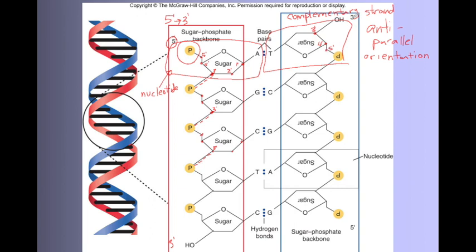So this we would indicate as 3' to 5', as you see here, or you could say the complementary strand is anti-parallel. In this case, it's 3' to 5', right? So if one strand is 5' to 3', the other strand will be 3' to 5'. You would draw it 5, 4, 3 like this, and this one will be drawn upside down, 3, 4, 5 like this, okay?